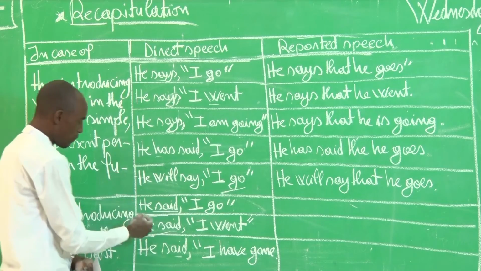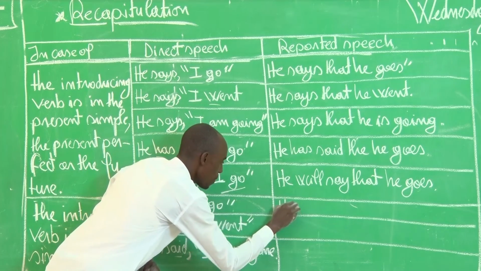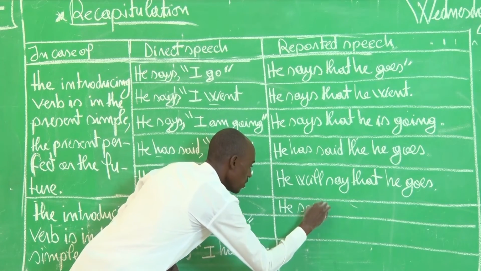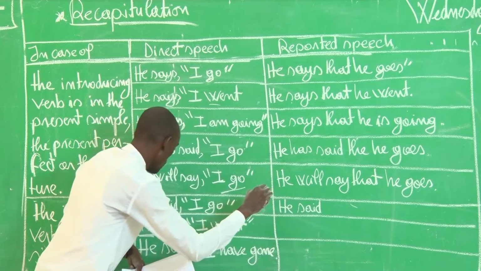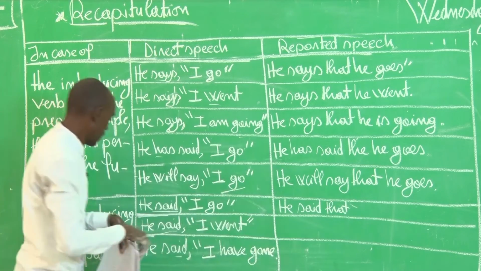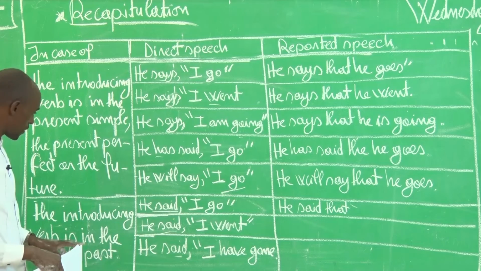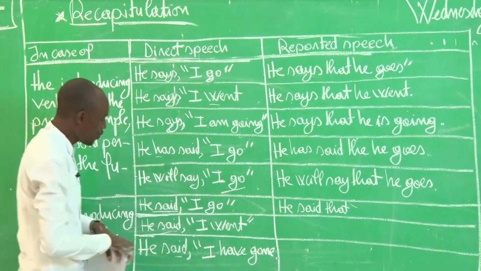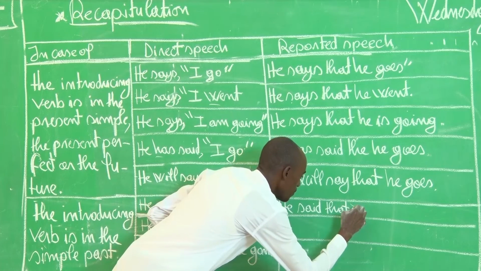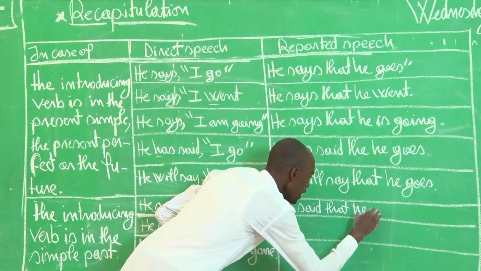We have, for example, he said that, this is the present simple. And in reported speech, the present simple becomes the past simple. He said that he went.